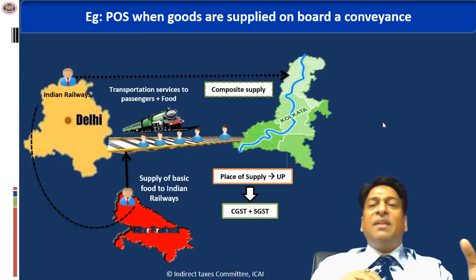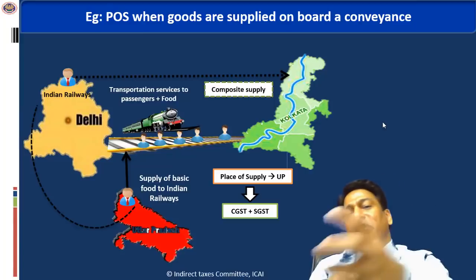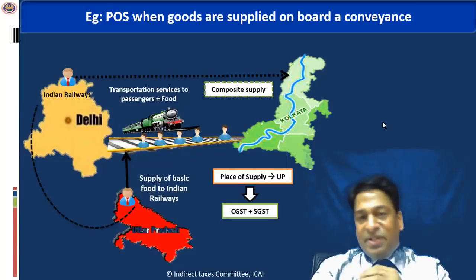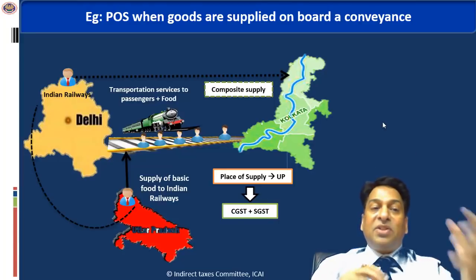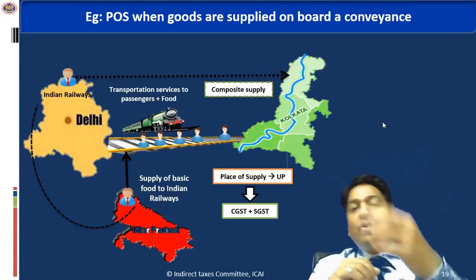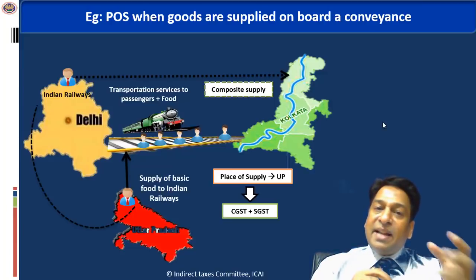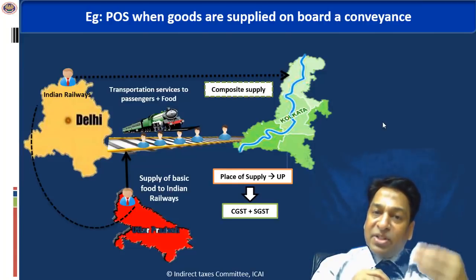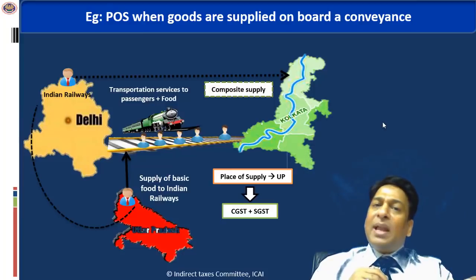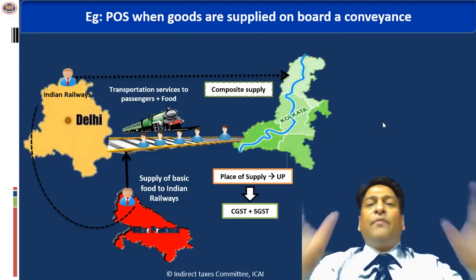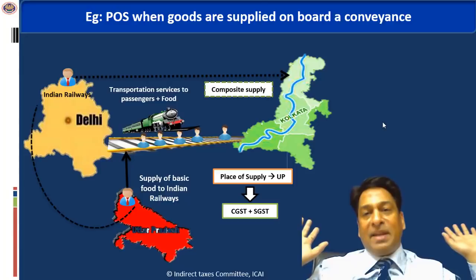Let's say they are giving railway transportation of passenger services. So Rajdhani starting from New Delhi going to Calcutta. When Rajdhani is undertaking transportation of passenger services, then section 12 subsection 9 of the IGST Act is going to be applicable.